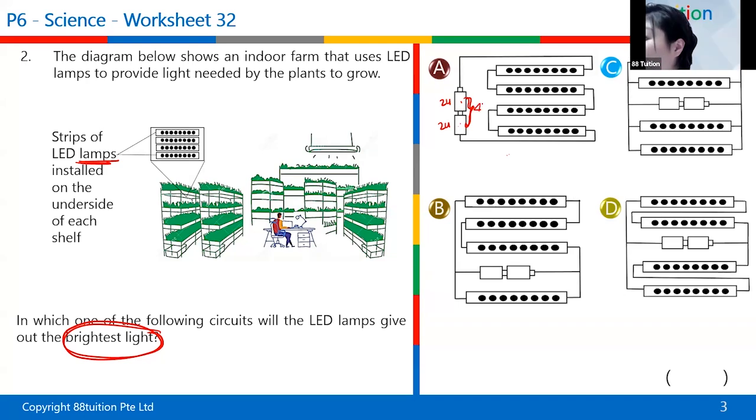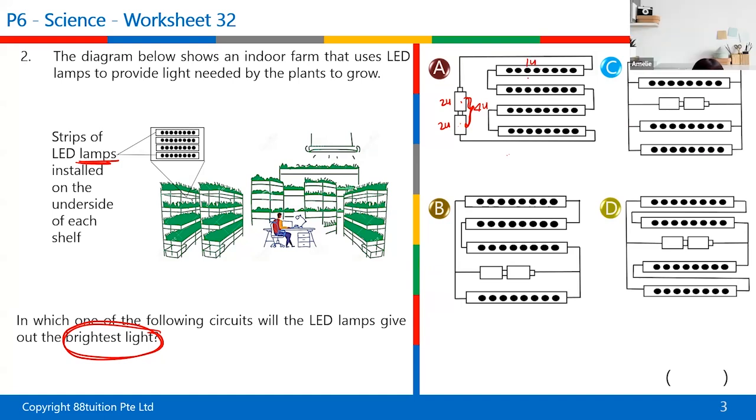Good. Now back to you, Amelia. If I connect the lamps in series, how much electricity does one lamp get? If the total amount of electricity is 4 units, each lamp will get how much electricity? 1 unit. Very good.